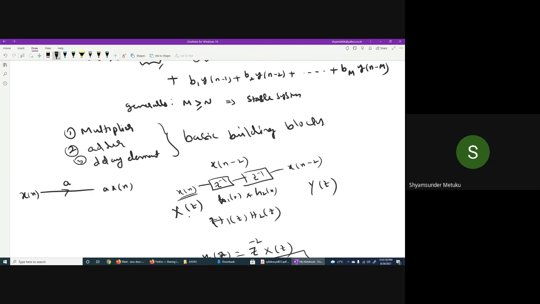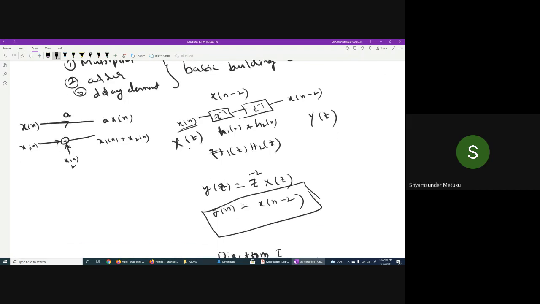Coming to the adder, you have x1 of n and x2 of n, then your output will be x1 of n plus x2 of n. And the delay element is represented this way: z inverse, if the input is x of n, the output will be x of n minus 1. Is the symbolic representation clear?